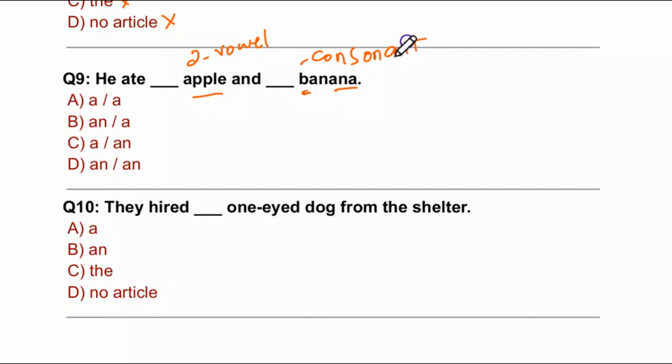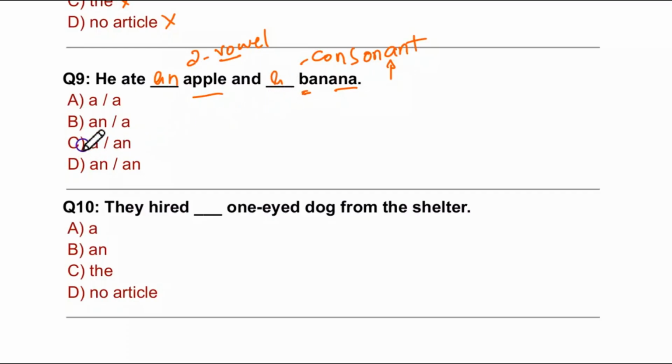If the word has a vowel sound, we put an before the word, and if the word has a consonant sound, we must put a before the word.